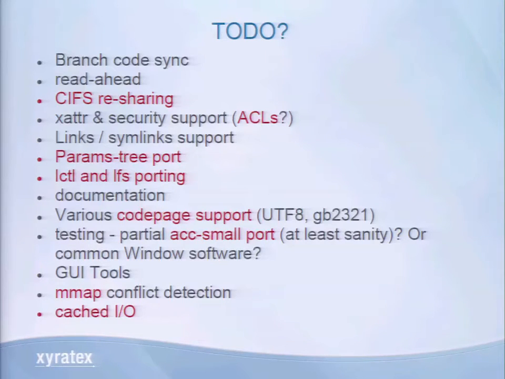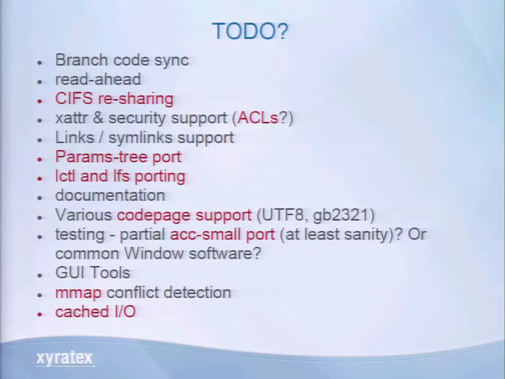Params tree port. This is like Nathan was talking about yesterday. Other operating systems do not have /proc. Windows is no exception. There is no /proc. And so we're wondering, well, do we need to bring over the params tree support? Well, maybe, because it's needed for things like turning on and off checksums, for instance.